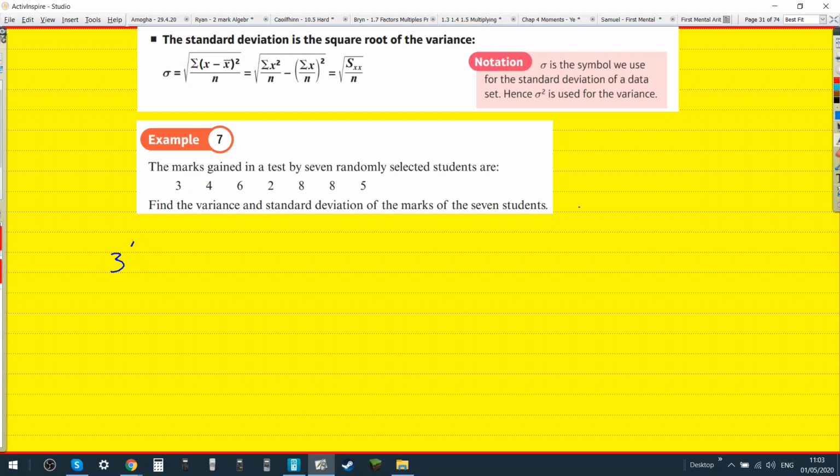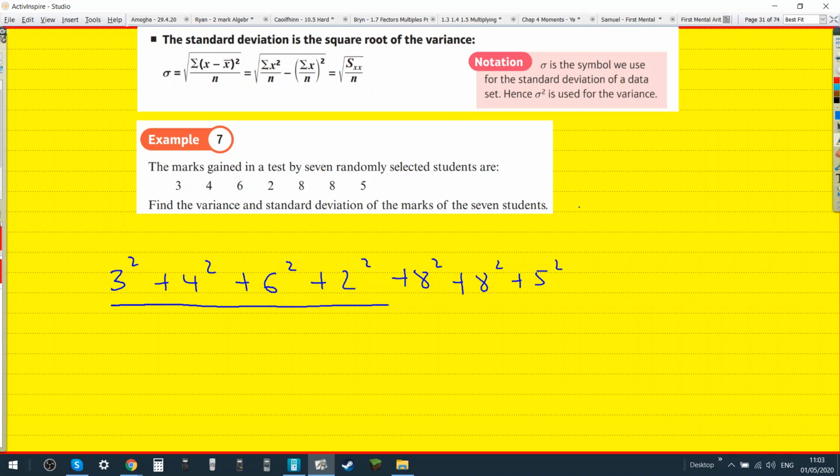So you'd start with 3 squared. So 3 squared plus 4 squared, so all those squared, plus 5 squared. And you get the average of those. So how would you get the average? Divided by the number of the rows. Yeah, so it says 7.